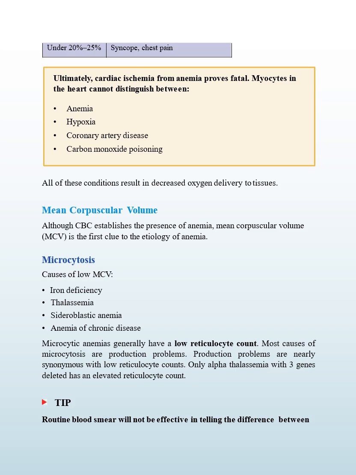Myocytes in the heart cannot distinguish between anemia, hypoxia, CAD or coronary artery disease, and carbon monoxide poisoning. All these conditions result in decreased oxygen delivery to the tissues.